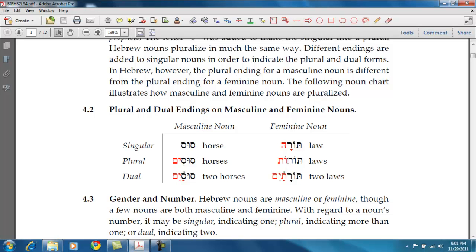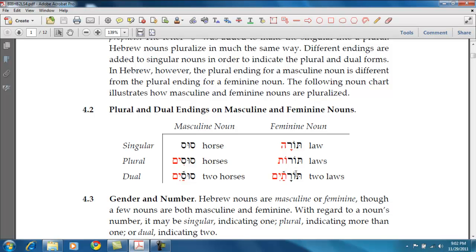The qamets hey is replaced with a Holem Vav Tav. Torot. Torot. And here's the consonant, the vowel, the consonant, vowel, consonant. So we have an open syllable and a closed syllable here. Torot.